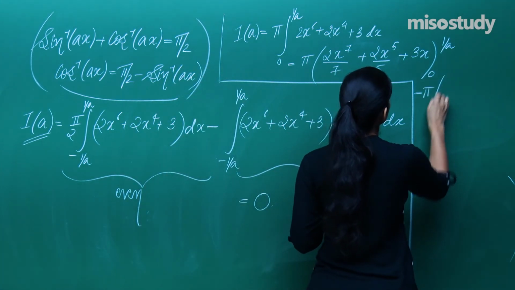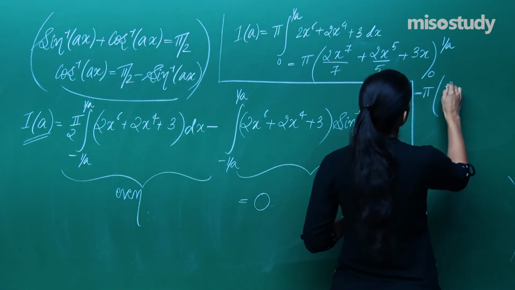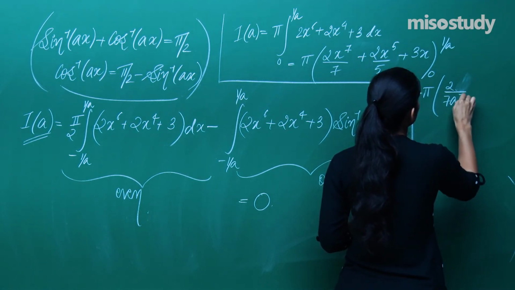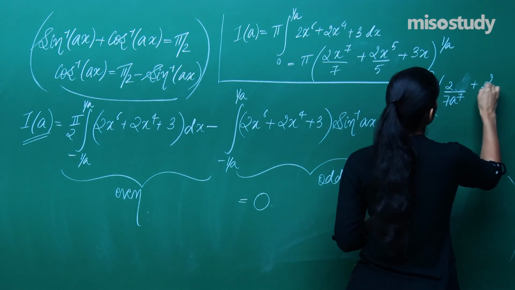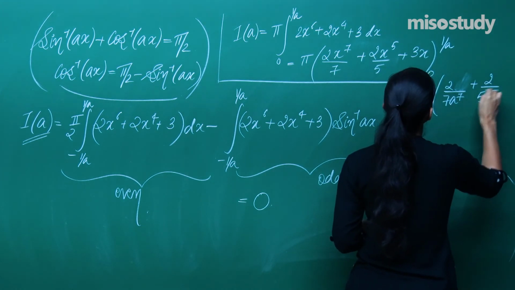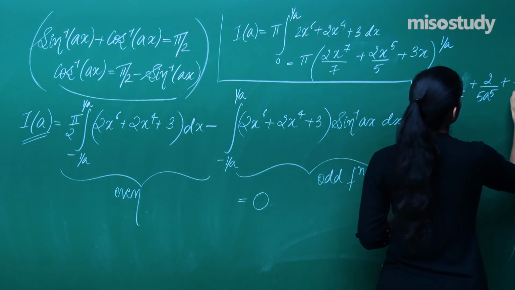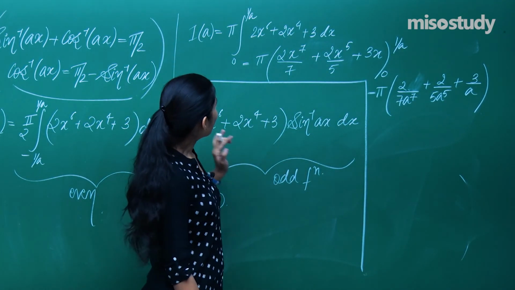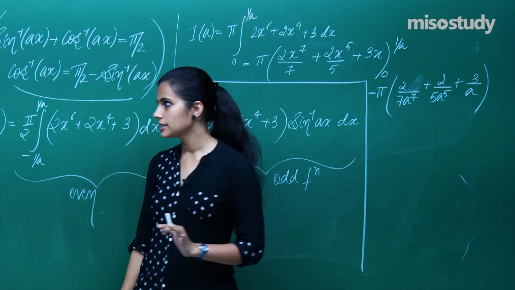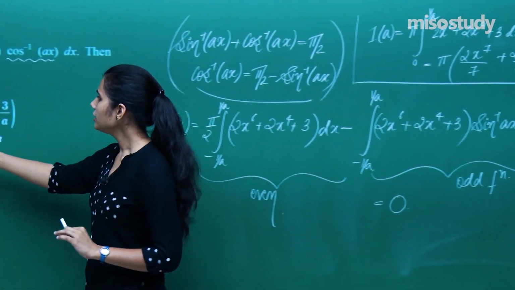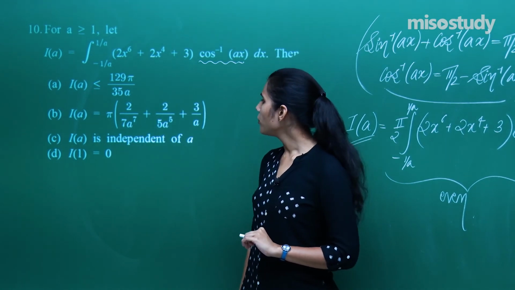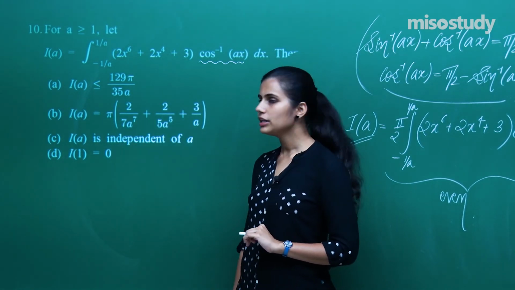Now this eventually gives you 2 by 7 times 1 upon a to the power 7, plus 2 by 5 times 1 upon a to the power 5, plus 3 upon a. So your I of a is actually equal to this. That is what is given over here: I of a is pi into 2 upon 7a^7 plus 2 upon 5a^5 plus 3 upon a.